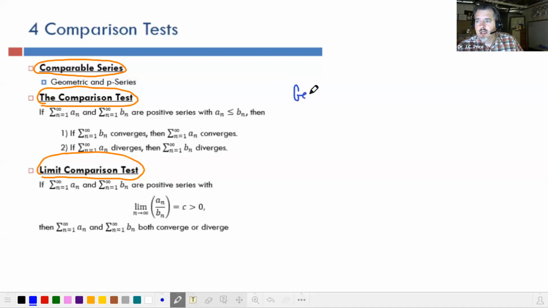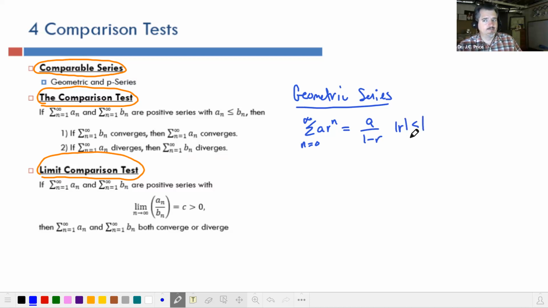So remember, we have these what are called geometric series, and we understand these completely. They look like this: the sum n equals 0 to infinity of a times r to the n, and it'll be equal to a divided by 1 minus r, as long as your absolute value of r is less than 1.